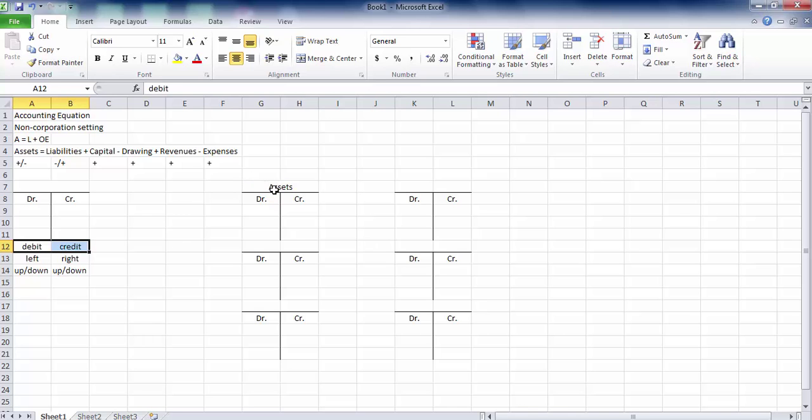I'm going to label this first one assets, as I already have. And what I want to do is establish a rule, a baseline. So whenever you get stuck, you want to come back to this rule. And that is the way you increase an asset is by a debit. Whether you agree or disagree, irrelevant. In fact, I'm going to ask you, which is really strange for a teacher to say to students, to not think for a few minutes.